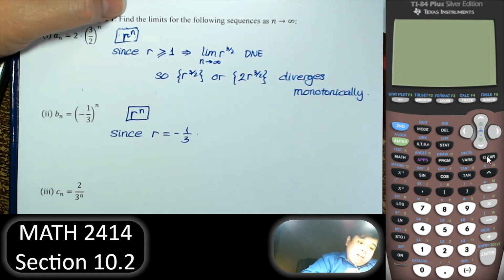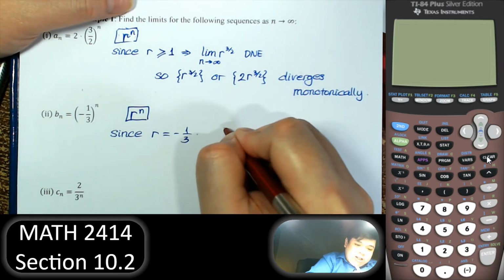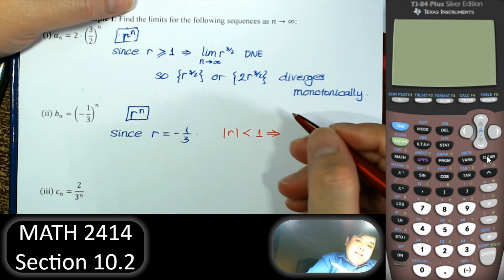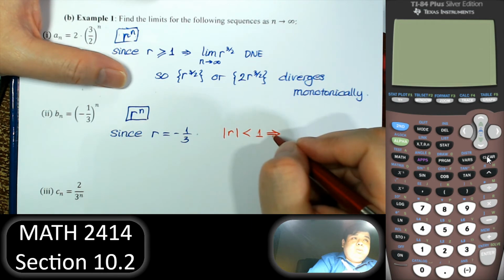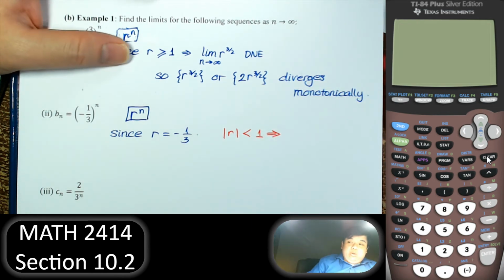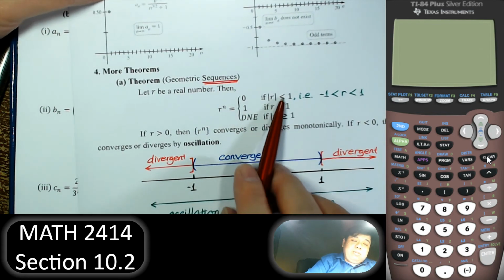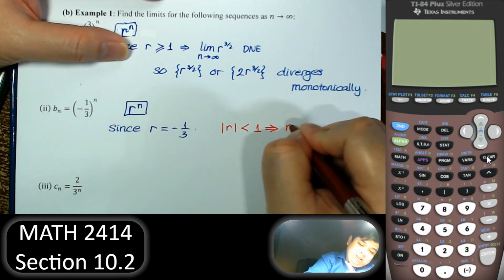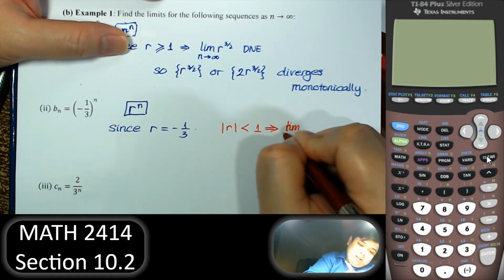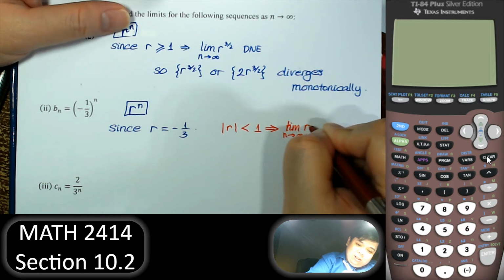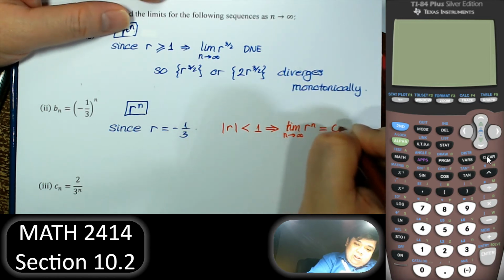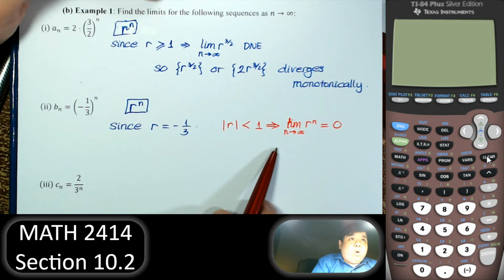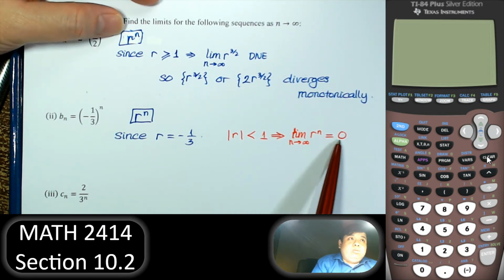Now, -1/3 is between -1 and 1, or we say absolute value of r is less than 1. If that is the case, then it is convergent and goes to 0. If absolute r is less than 1, r to the n goes to 0.